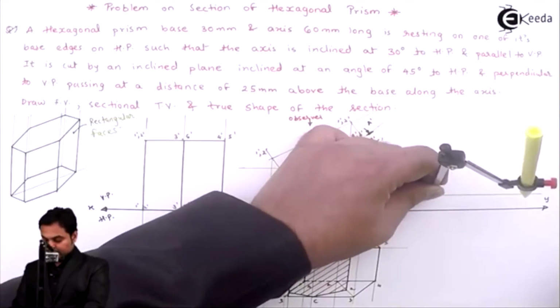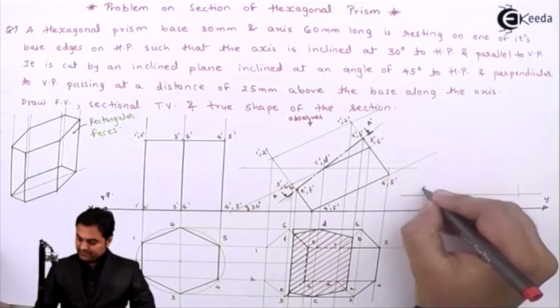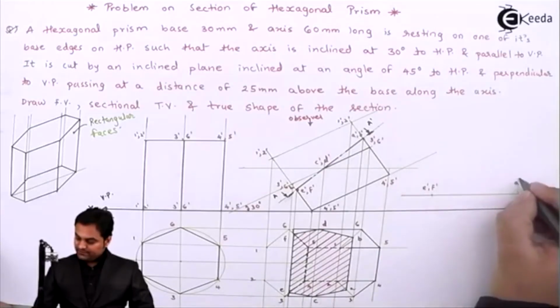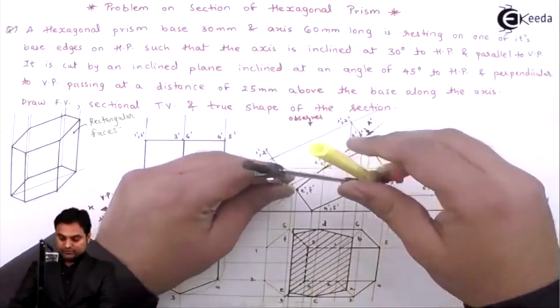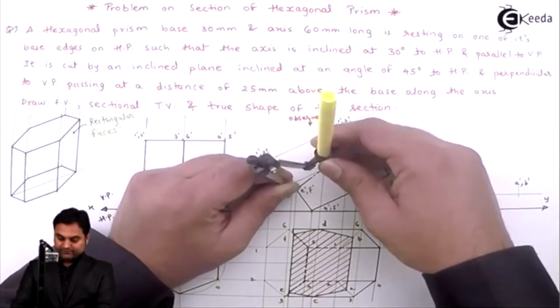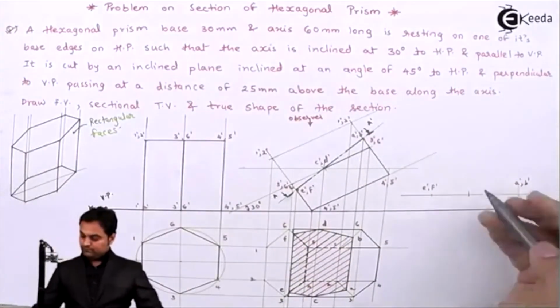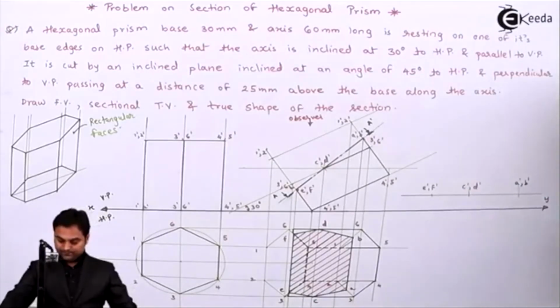So keeping here, I'll say this is E dash comma F dash, this is A dash comma B dash. Next, I'll mark C and D over it. So from EF to CD, projecting the points in sequence.